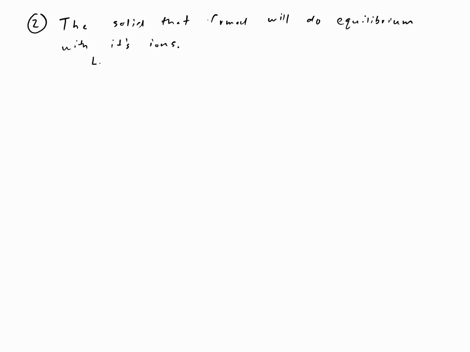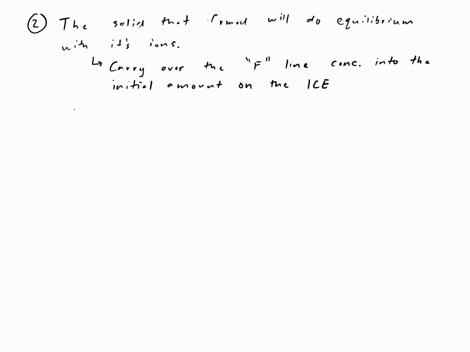Now what we want to do is carry over the final molarities, because we're doing an ICE table now, carry over the final concentrations into the initial amount on the ICE table.